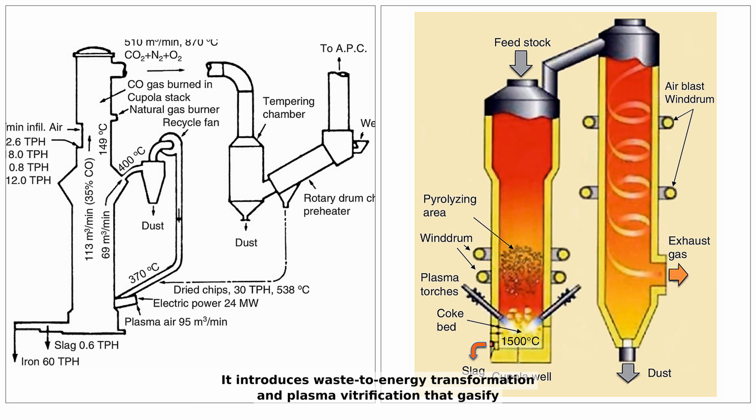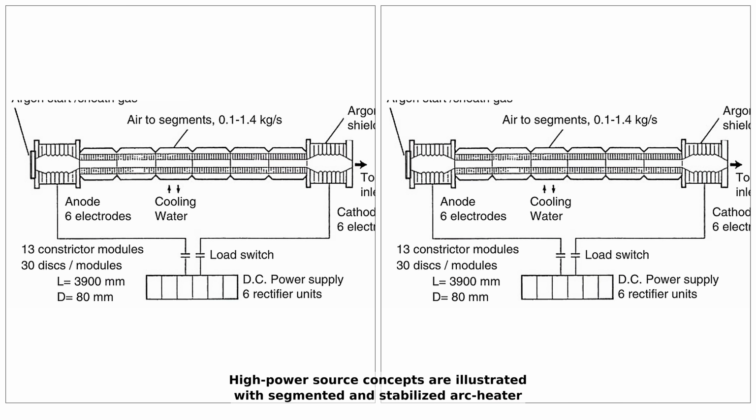It introduces waste-to-energy transformation and plasma vitrification that gasify organics, melt inorganics, eliminate voids, and bind hazardous metals into a ceramic matrix. Figure 39 presents an MSW destruction concept, connecting plasma torches to slag formation and off-gas handling requirements. High-power source concepts are illustrated with segmented and stabilized arc heater designs.